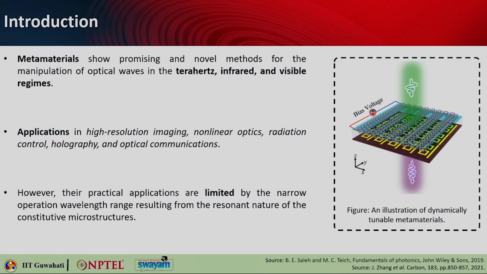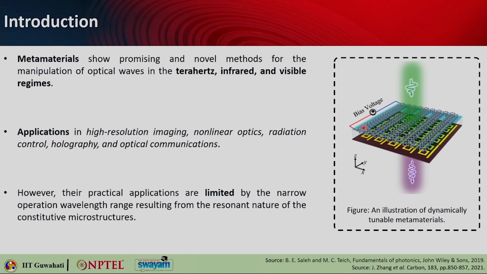If you change the voltage, the response will also change, and that is how the same metamaterial will be able to provide you different responses depending on the tuning of the bias voltage that you are applying. So this is the main concept of reconfigurable metamaterial.